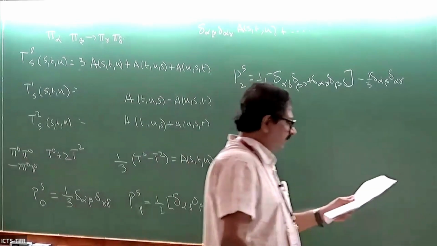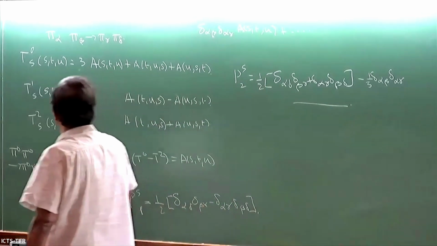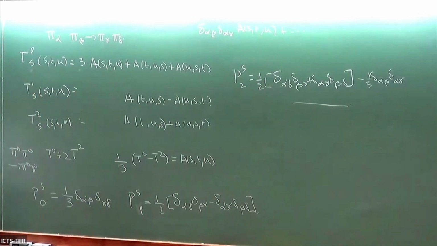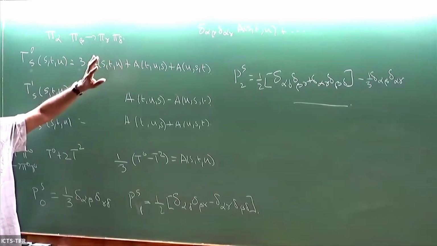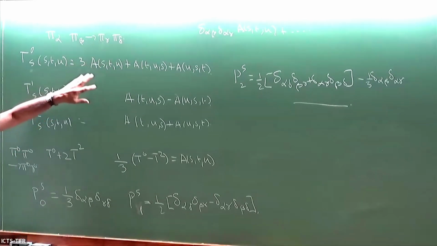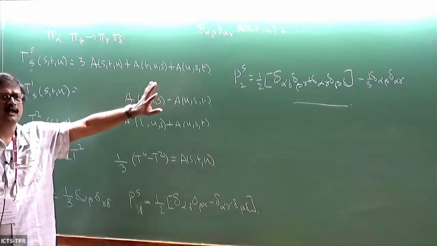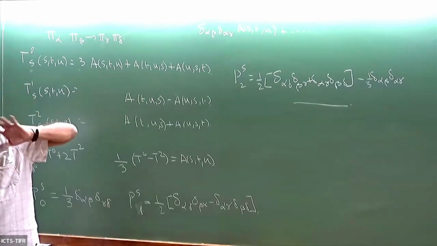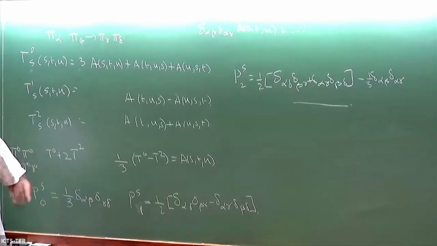Then you have to be able to go from one channel to the other. How to go from one channel to the other? So this is the S channel. If I want to go to the T channel over here, it corresponds to the swapping of S and T, interchange of S and T. So then you'll get 3 times A_TUS plus A_STU plus A_UST, okay? That's what will happen under the interchange of S and T. You already know that A_STU is invariant under the interchange of the last 2.